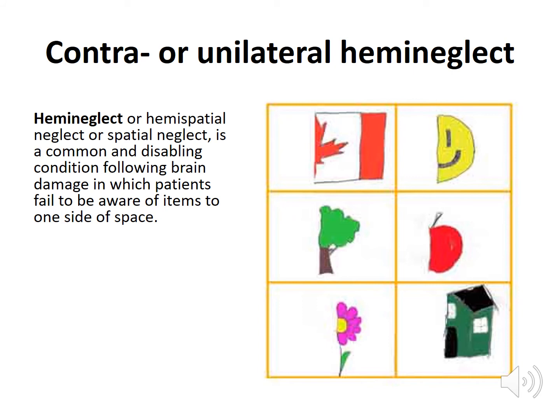In order to point out a little bit more the distinction between what versus where streams, let's focus on another damage in the where stream, which is called contralateral or unilateral hemi-neglect. In these conditions, patients have damage in the parietal lobe that leads to an unawareness of what is going on in the visual field contralateral to the side of the brain that has that damage.